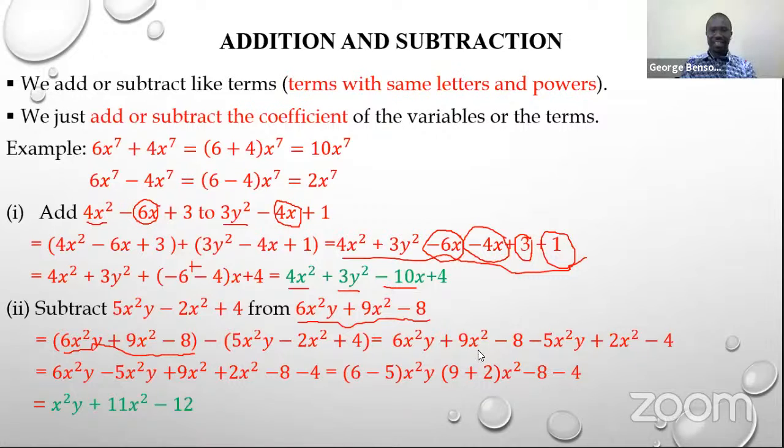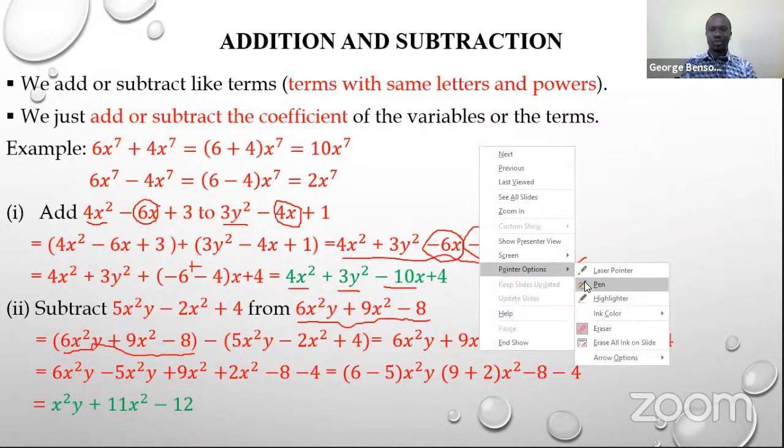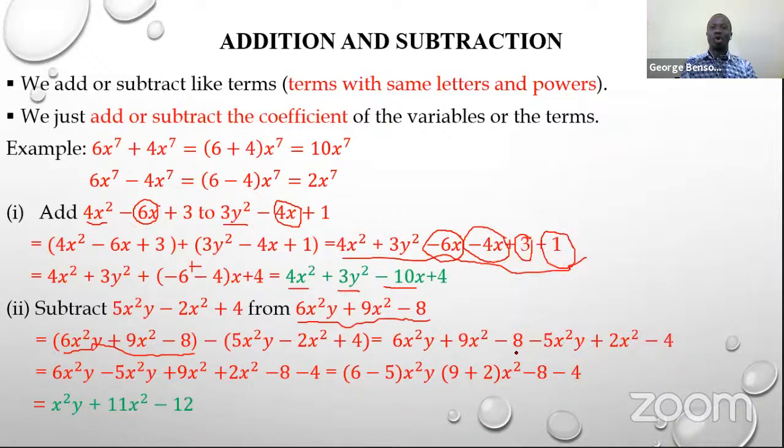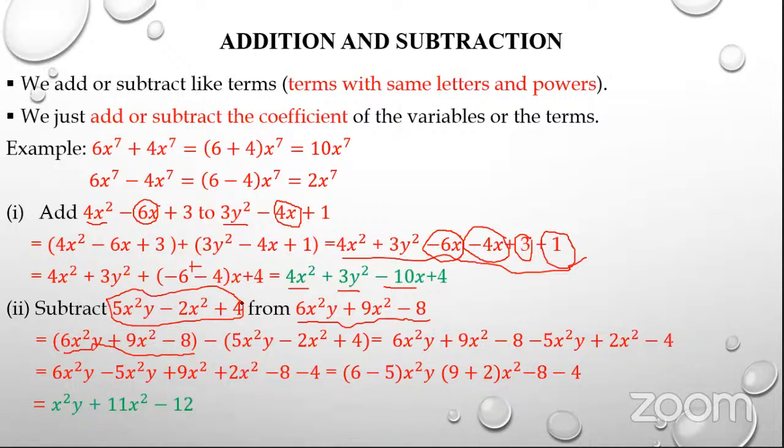So we needed to do this first. Is that okay? Because the minus sign was going to affect all of this in the bracket. The one that we were asked to subtract from this one, the 5x squared y, because we are subtracting, this minus sign here is going to affect all of this.